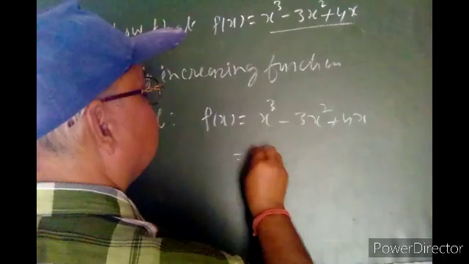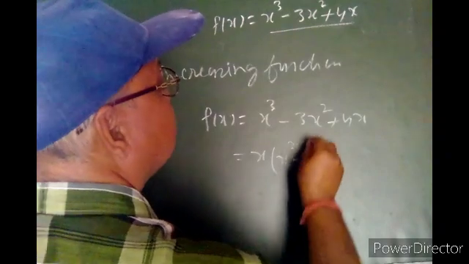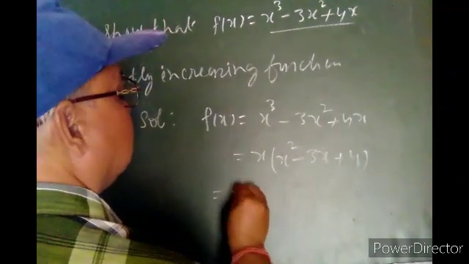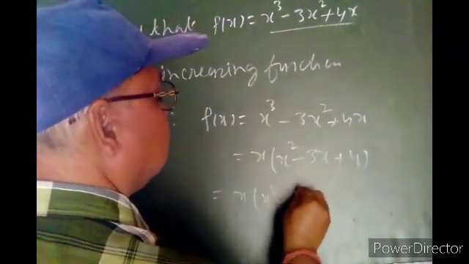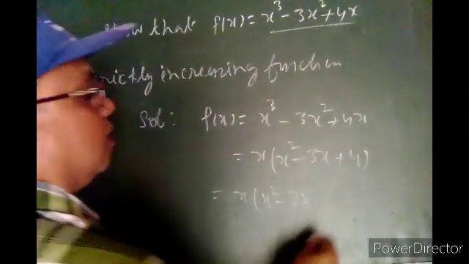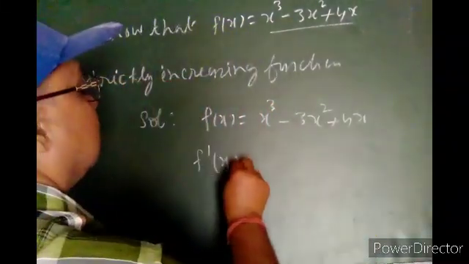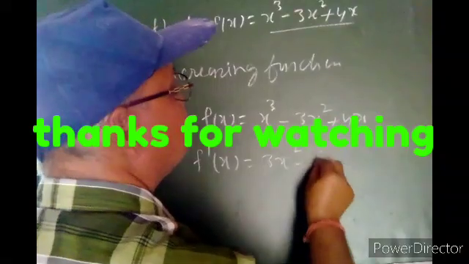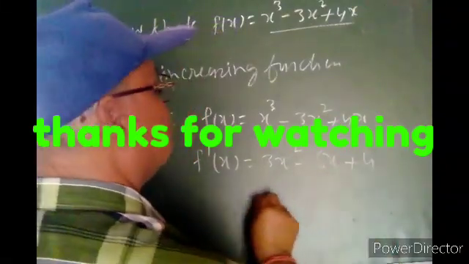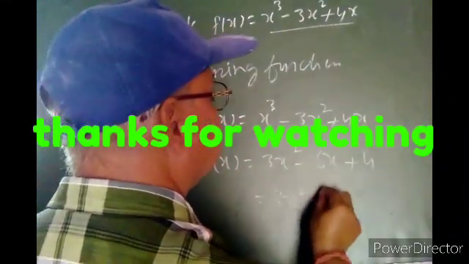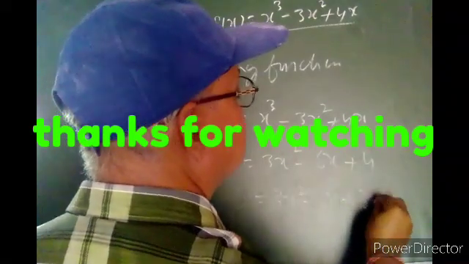Differentiating it, f dash x will be 3x square minus 6x plus 4, which is 3x square minus 6x plus 3 plus 1.